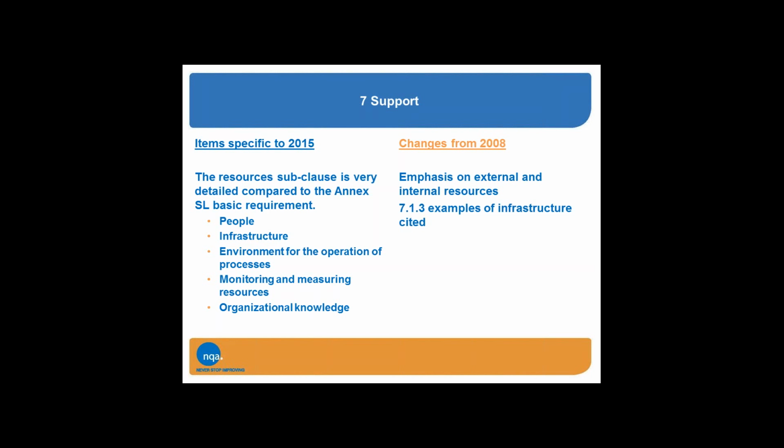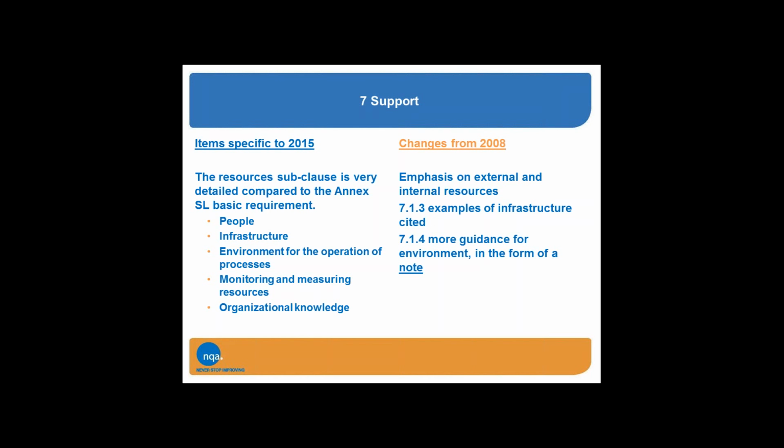Examples of infrastructure are cited in the 2015 standard. Buildings, for example, utilities, equipment, transport, IT, these are all examples of infrastructure which might be quite key to your business.